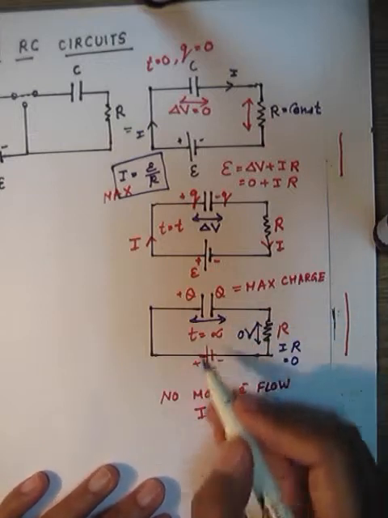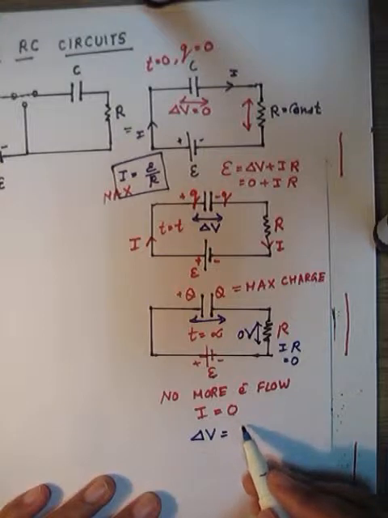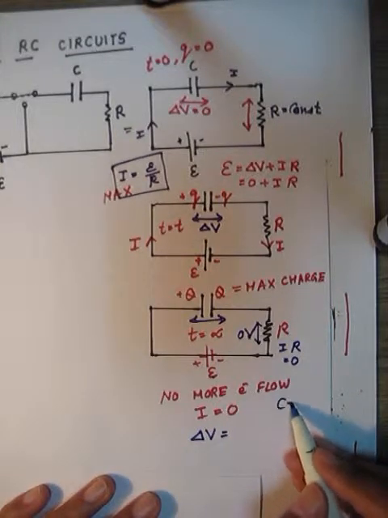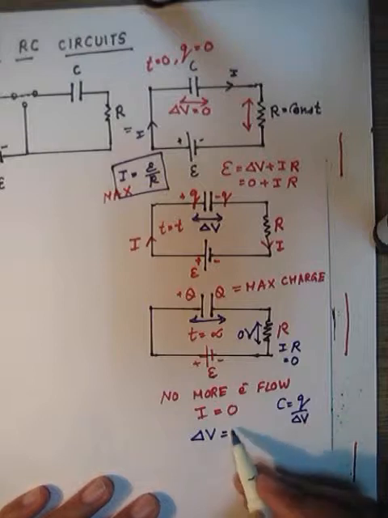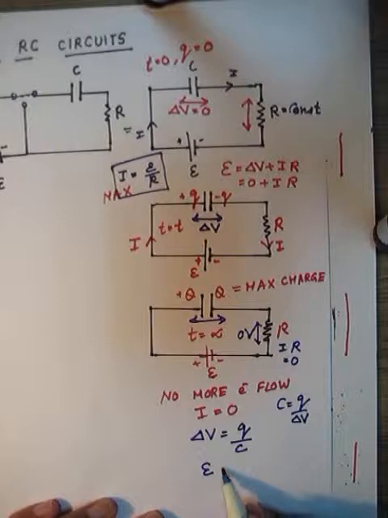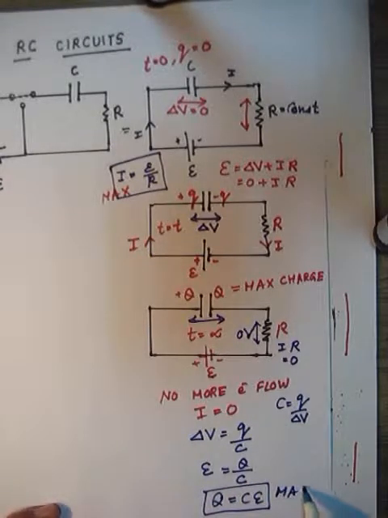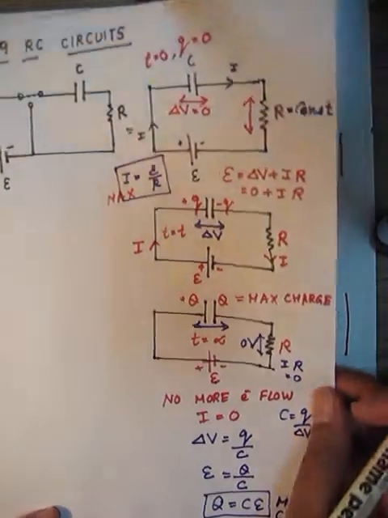So at this point we know that delta V on the capacitor will be Q upon C. In this case the potential drop is epsilon, charge is capital Q, and capacitance is C. So the total charge on the capacitor will be C epsilon. So this will be the maximum charge on the capacitor, at infinite time.